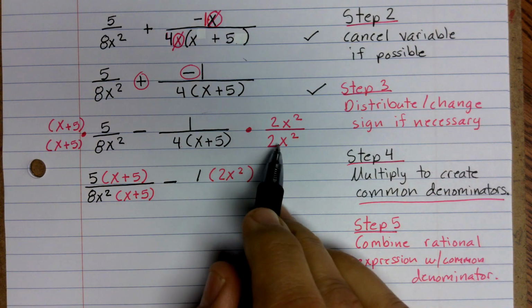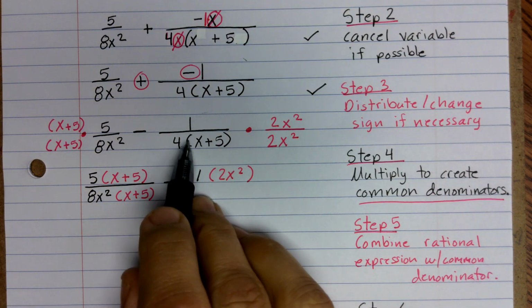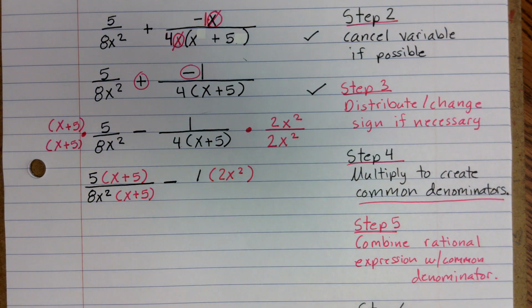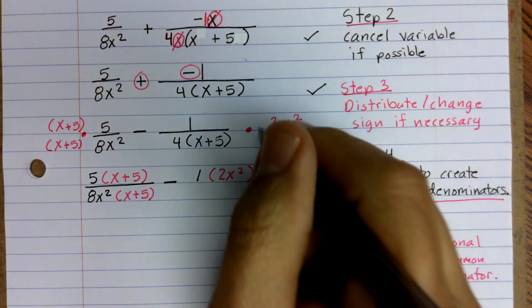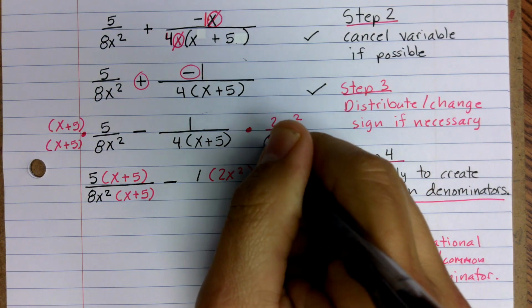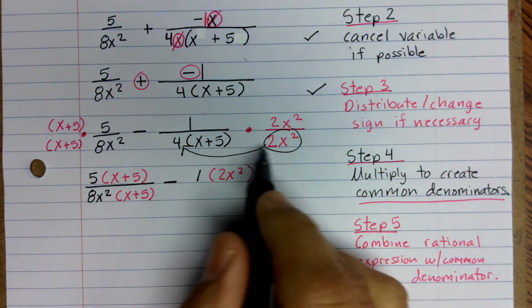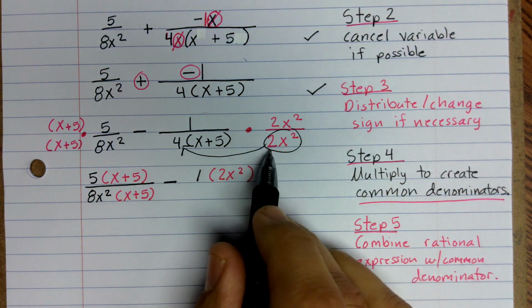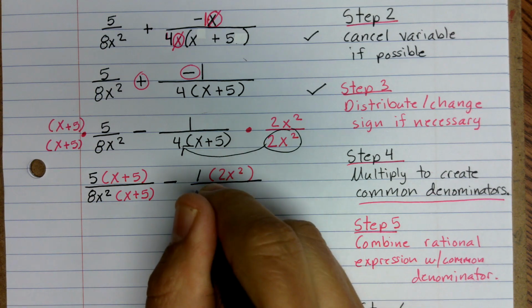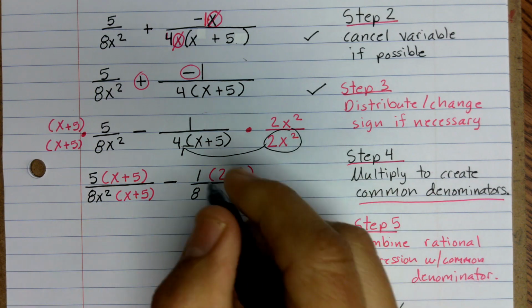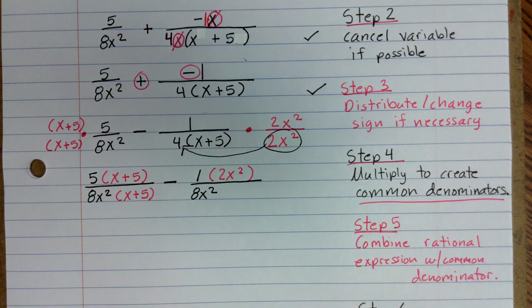In this case I'm actually going to put the 2x squared up in front because we're going to modify that 4. So this one I'm actually going to show the math. I'm taking this 2x squared and multiplying it to the 4. I think that's the easiest thing to do here. So 4 times 2 is 8, so that's going to make this 8, and then times x squared. And then we still have the parentheses with the x plus 5.